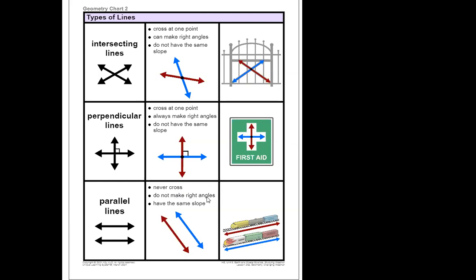They never cross. Do they make right angles? What does it say? They do not make right angles, and they have the same slope. Our intersecting lines and perpendicular lines do not have the same slope, but our parallel lines do. Okay?